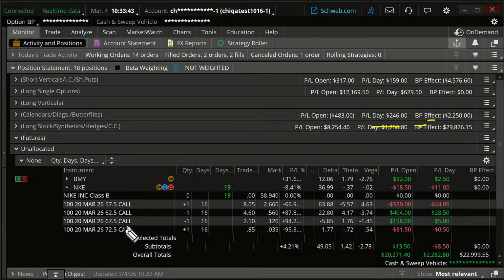We said we want the stock to be between, let's see, our bull call spread is 62.50. We want the stock to be between 62.50 and 67.50. If that still seems like a reasonable scenario, we're going to stick with it. Yeah, we're down a little bit. That's just part of the risk of a trade. That's okay. 62.50 to 67.50.